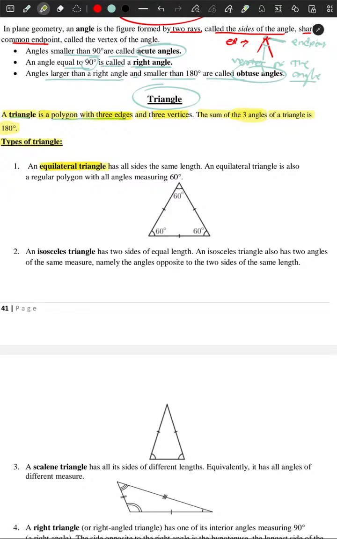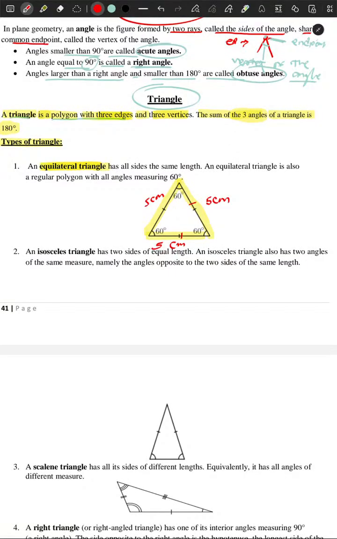This is a triangle where every side is of the same length. For example, if it is 5 cm, it is also 5 cm and also 5 cm.